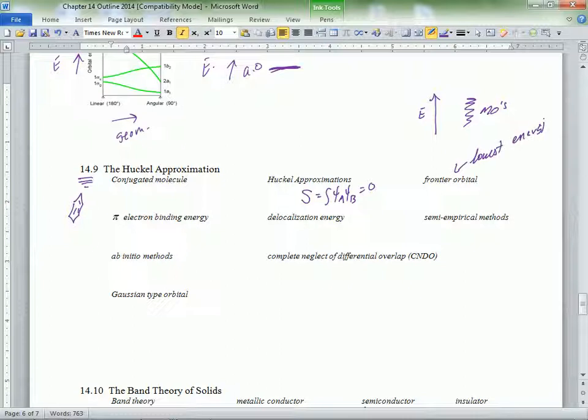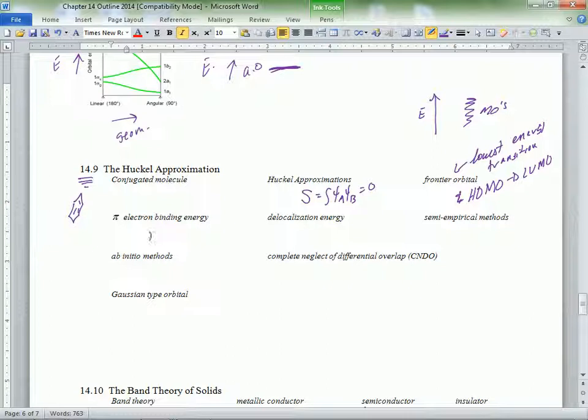And someone mentioned this already, from the HOMO to the LUMO. What are those supposed to be abbreviating? Highest occupied molecular orbital to the lowest unoccupied molecular orbital. Right? That's your frontier orbitals, your lowest energy transition.